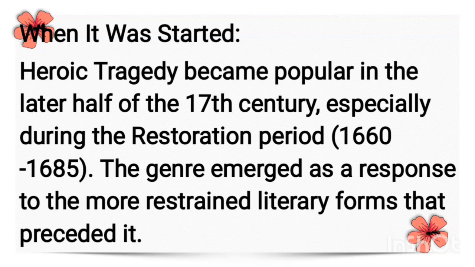Next one, when did heroic tragedy start? Heroic tragedy became popular in the second half of the 17th century during the Restoration period, 1660 to 1685. It emerged as a reaction to the more serious and controlled forms of drama that came before it, especially during the Puritan era.